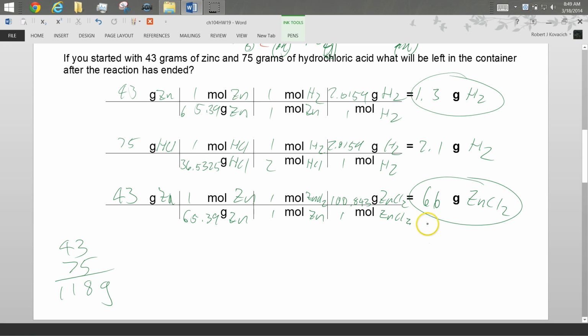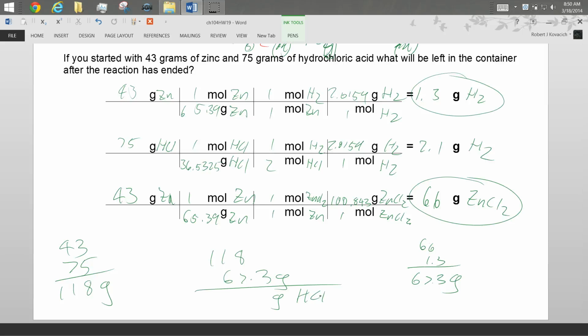So what I've got here is 66 plus 1.3. So I've got 67.3 grams of product. So if I say I got 118 grams and 67.3 grams, then whatever's left over is my mass of leftover HCl. So I got 118 minus 67.3.